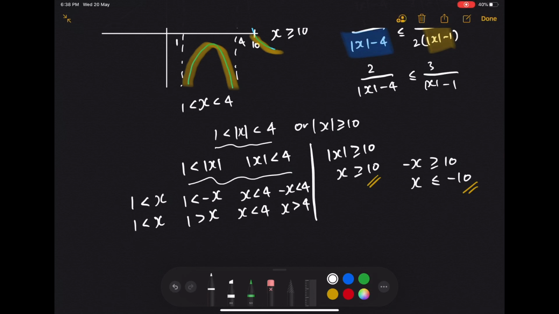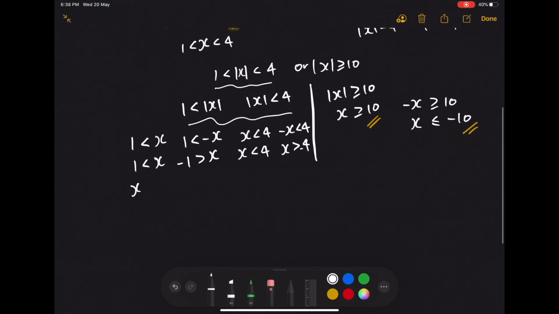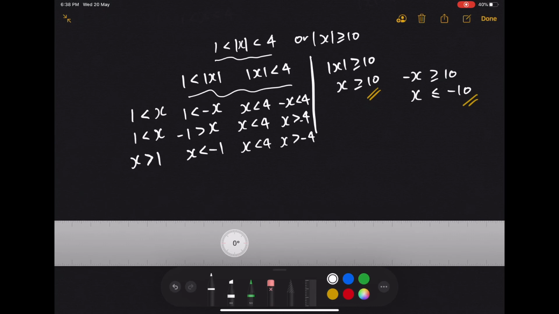So the next thing to do is we're going to represent this inequality on a number line. I need to write this to be -1 and this to be -4. I'm going to rewrite this so it's easier to see. Once we get this, we're going to represent it on a number line.